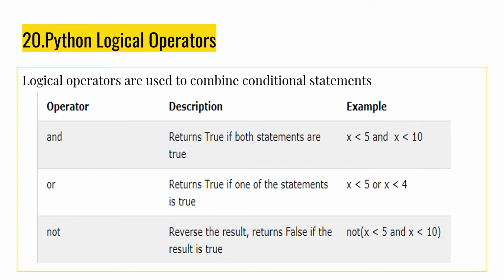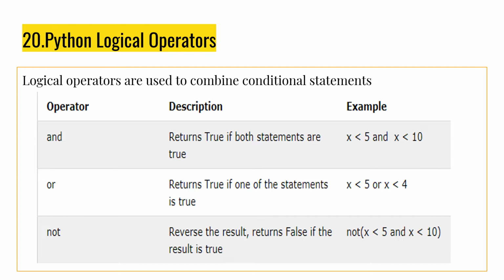You have to be very clear and concise that before, we were comparing two values or two values of an expression. Here we are comparing a logic, so the same thing, but whenever we are going to combine more than one condition in the same statement, we are going to use the logical operator.